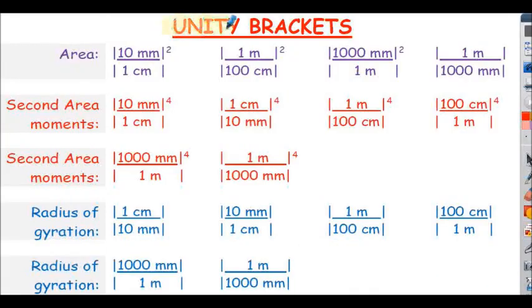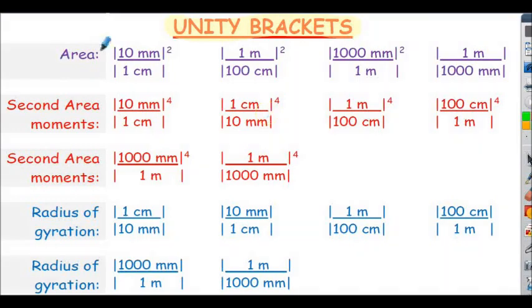This slide relates to unity brackets. We reviewed this topic in a previous presentation. What I'm showing on this slide are just some of the typical unity brackets we might want to use.